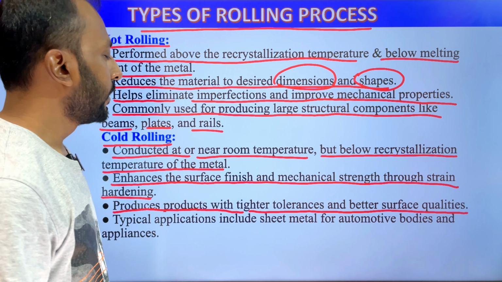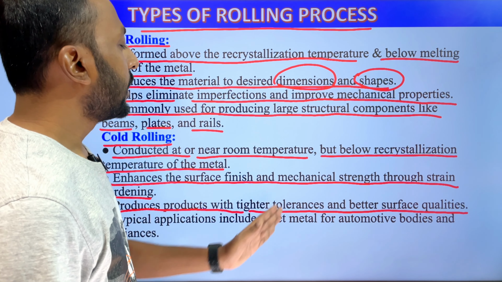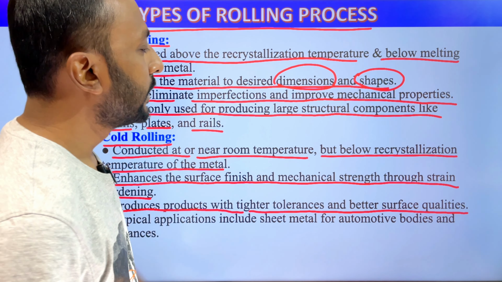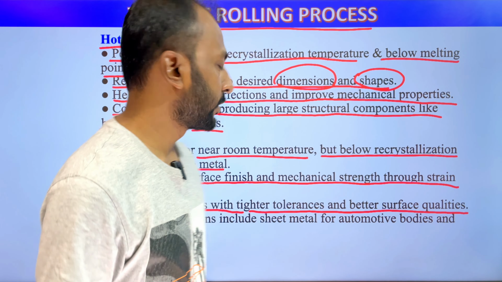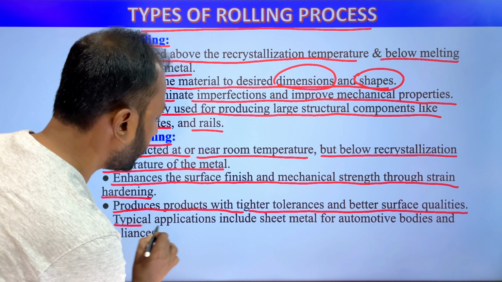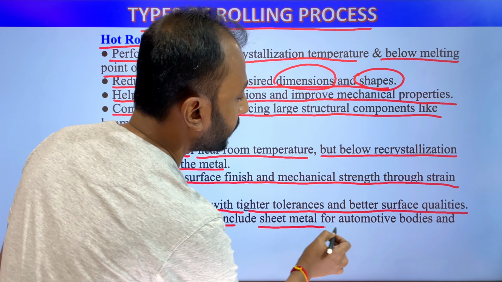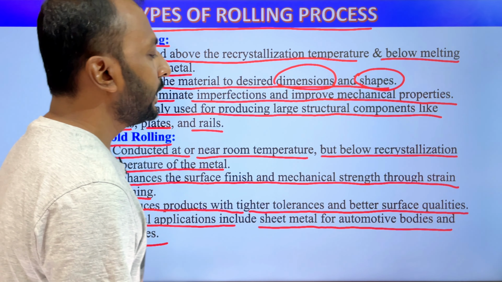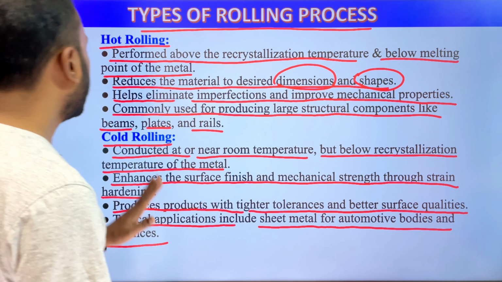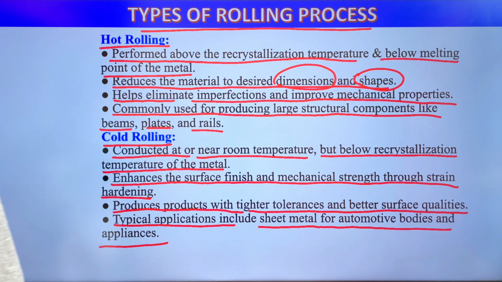In cold rolling, we get tighter dimensional tolerances and better surface finish because no oxidation or carburization occurs. Typical applications include sheet metal for automotive bodies and appliances. So we are making a more superior product in cold rolling than hot rolling.